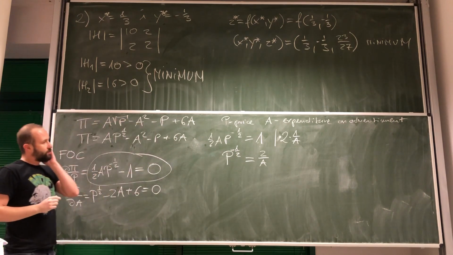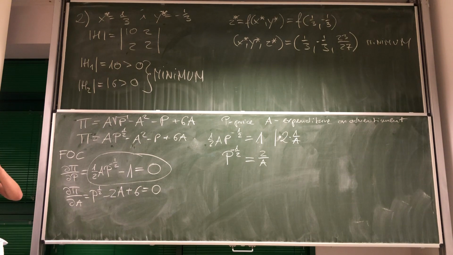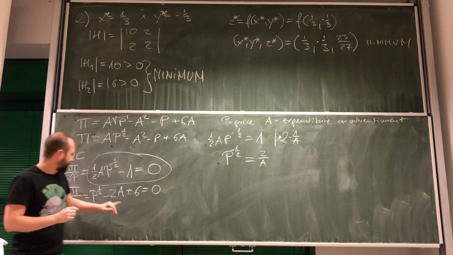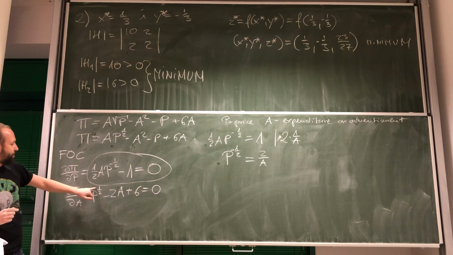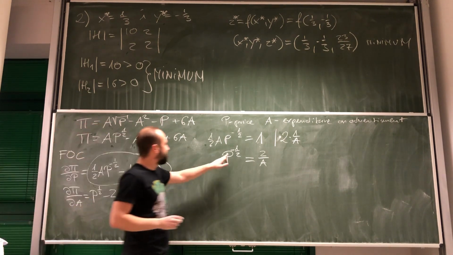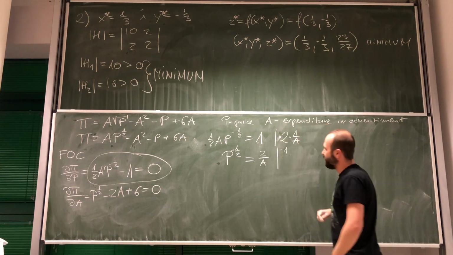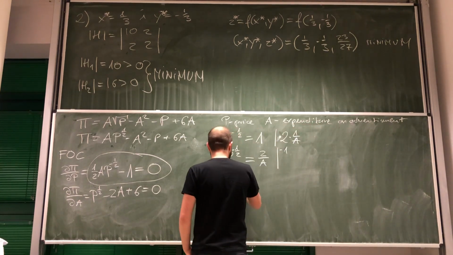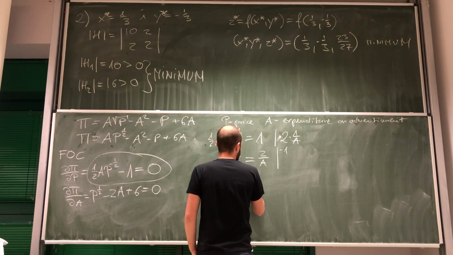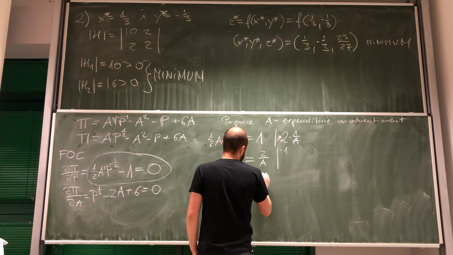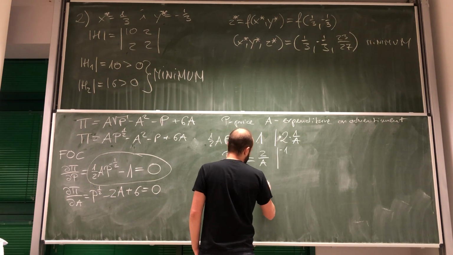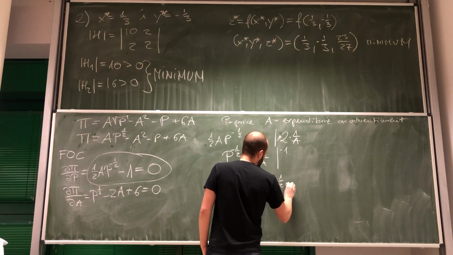And look, what do I need to do next? Look, I want to substitute the result over here. Here I have P to the power 1 over 2. So in order to get this, I need to take both sides of this equation to the power negative 1. So I'm getting that P to the power 1 over 2 is equal to A over 2, or simply 1 over 2A.